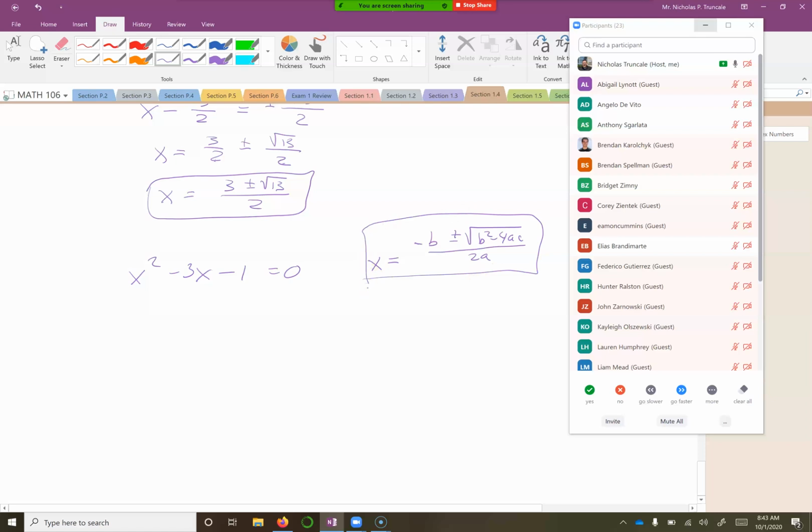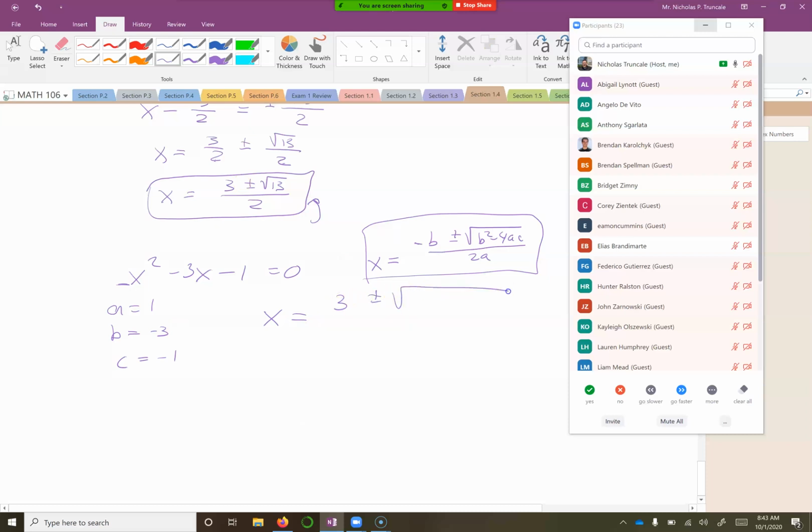So let's go ahead and do it. So we have a equals 1 in this case, right? The coefficient next to x squared. B is -3, and c is -1. So let's see if we get the same answer as this. So x equals, so negative b is going to change that -3 to a 3, which is good, because that's what's there.